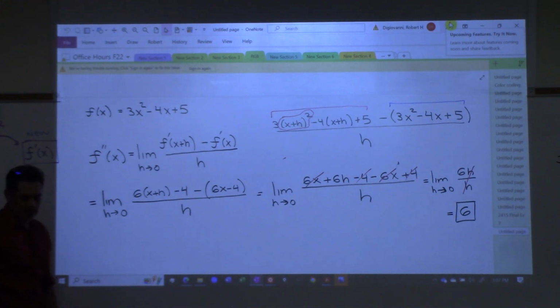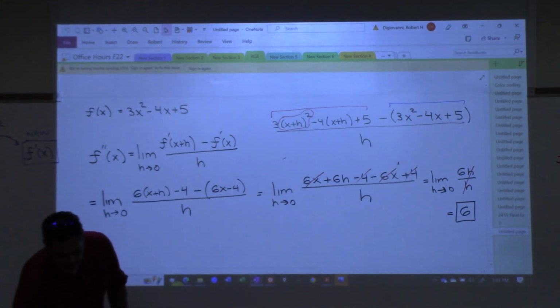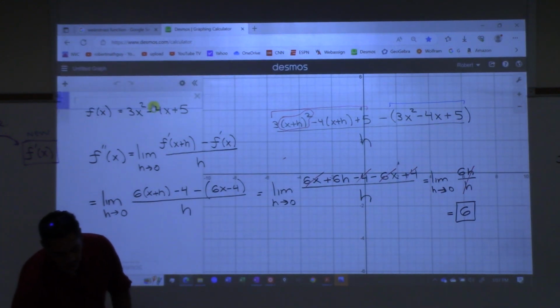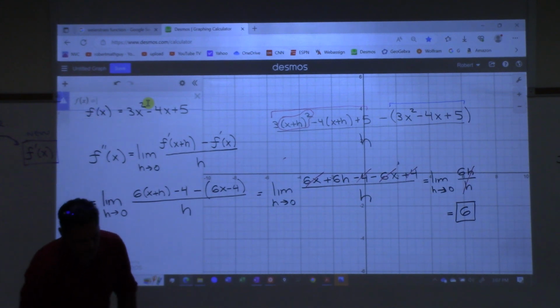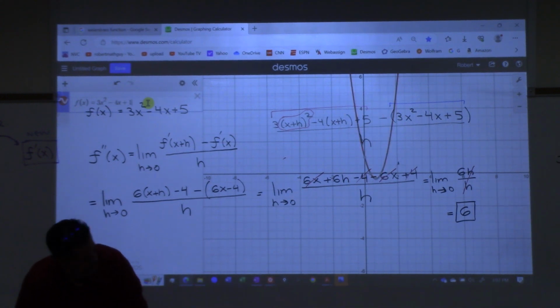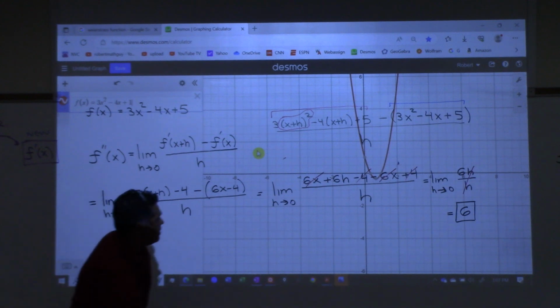I'm going to graph these. I want to show you. The original graph was 3x squared minus 4x. All right, I'm going to erase all this.